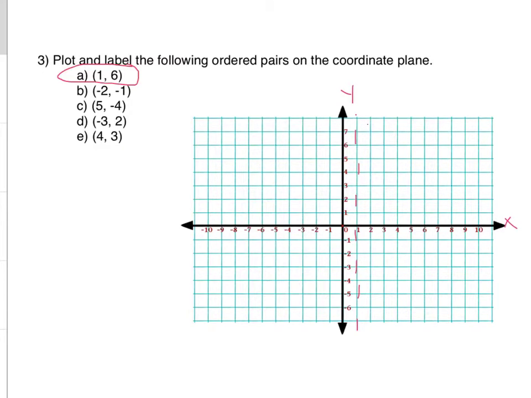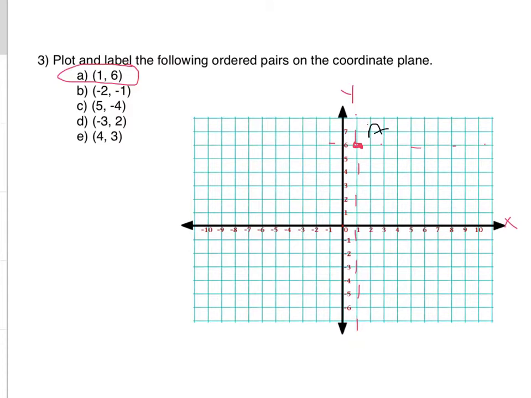If you want to draw a dashed line, or maybe just draw your finger along that line so you can tell which x line we're talking about. Our y-coordinate is 6, so I'm going to go up positive 6, so 1, 2, 3, 4, 5, 6. And the point will be where those two intersect, so right here. I'm going to label that point A.